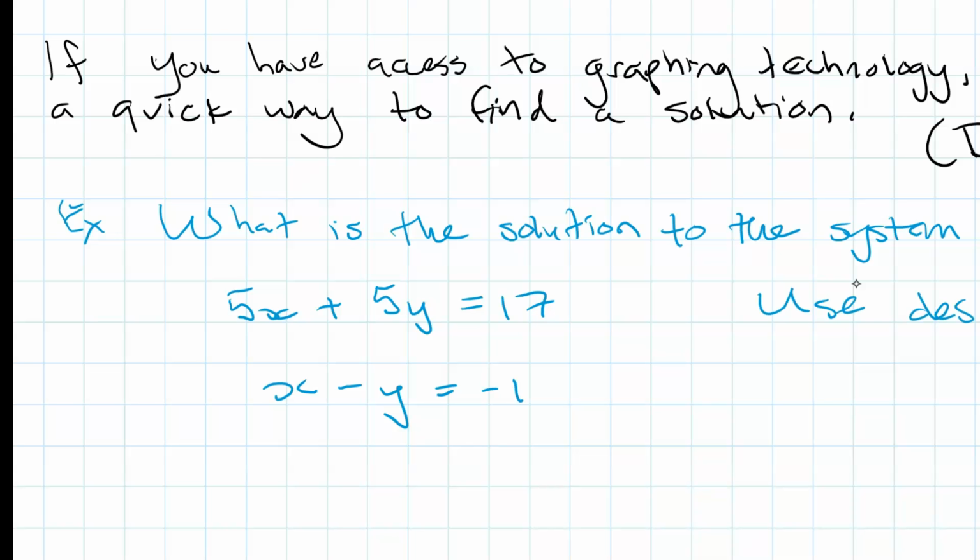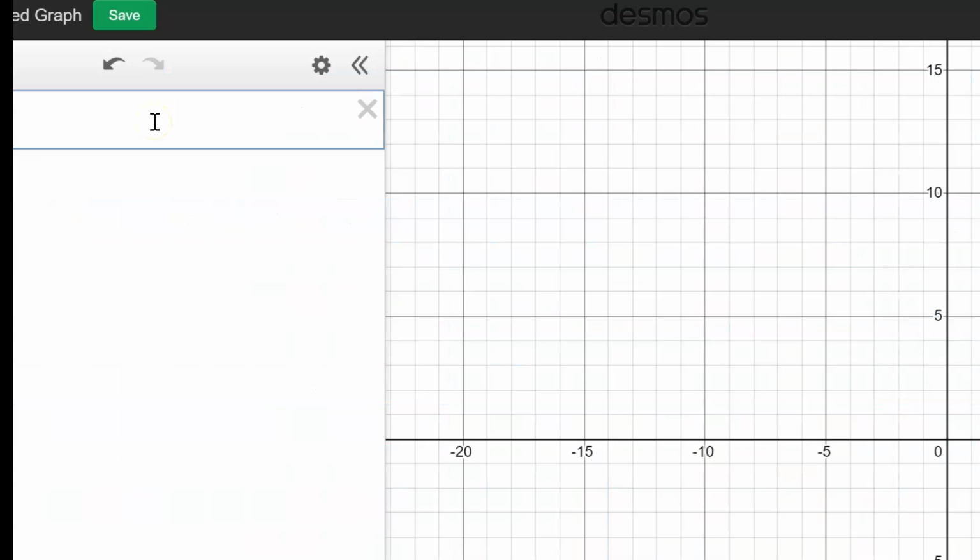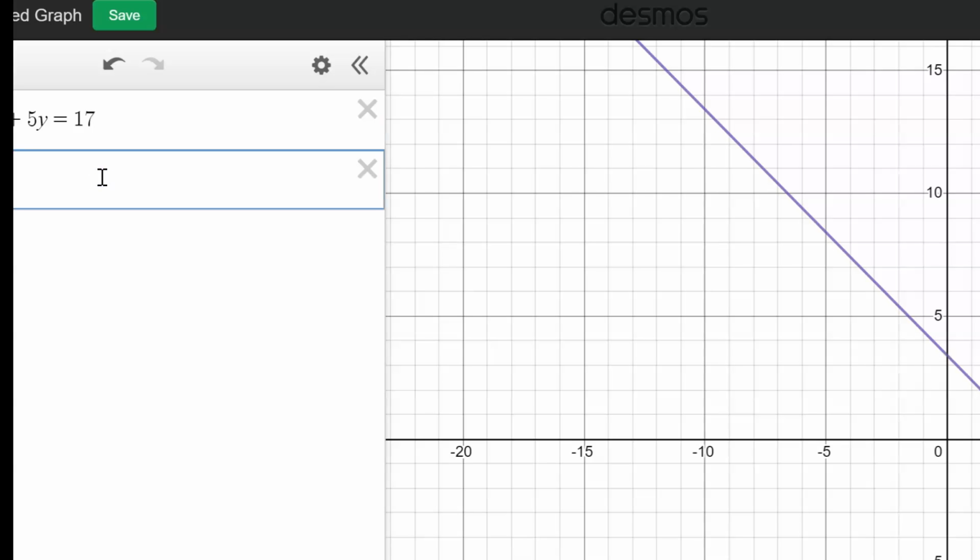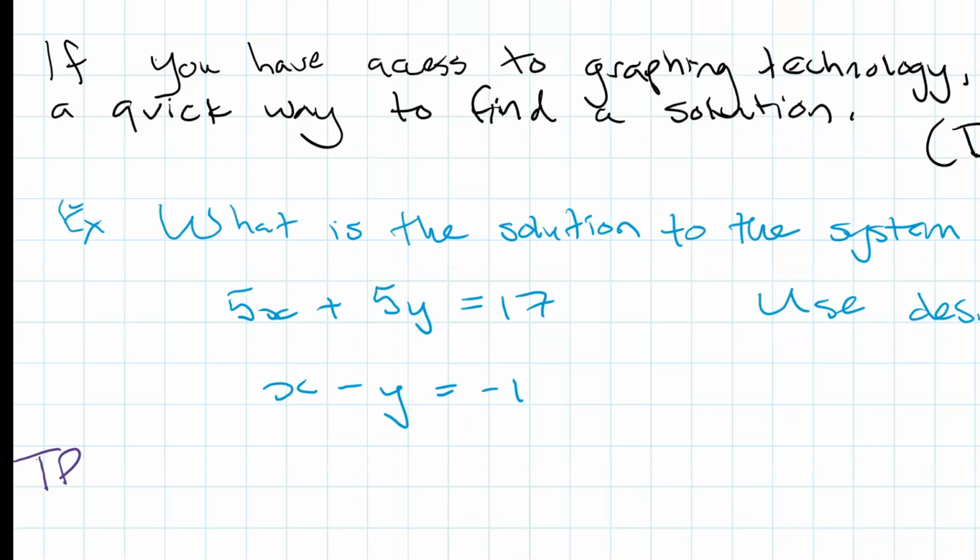So I'm going to use desmos.com/calculator, and I'm going to type in each of these equations. So 5x plus 5y equals 17, and x plus y equals -1. And I find this point. This is my solution, this 1.2, 2.2.